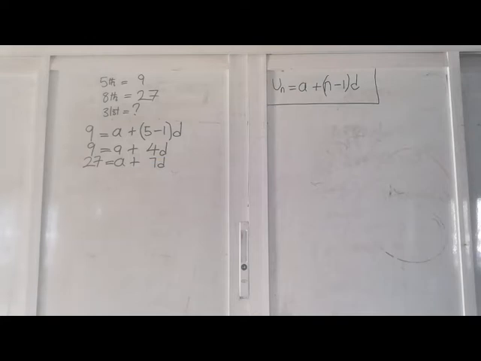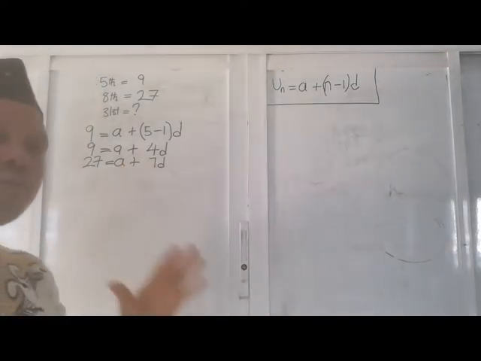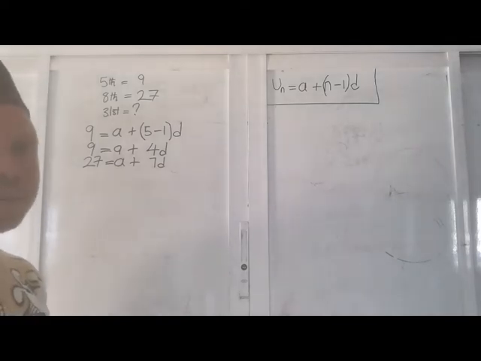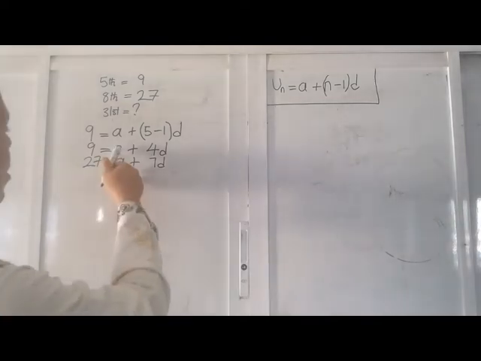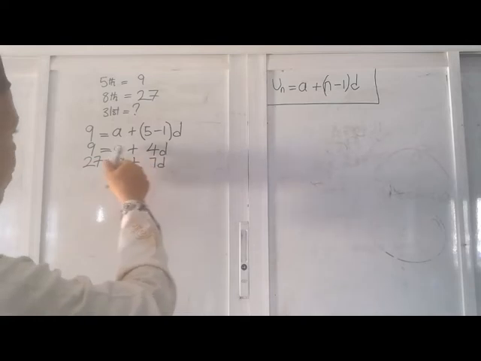Remember, we are asked to find the 31st term, so we are not yet solving for the 31st term. We want to first of all get the A and the D, which are the two variables we must get for us to calculate the 31st term. So in this first equation, let's make A the subject of the formula.